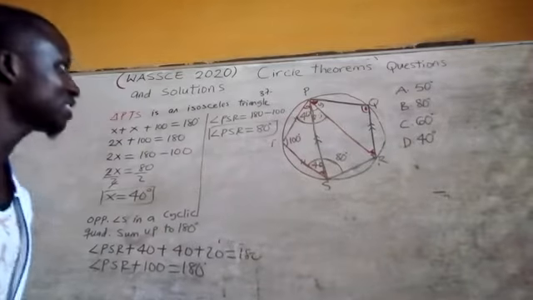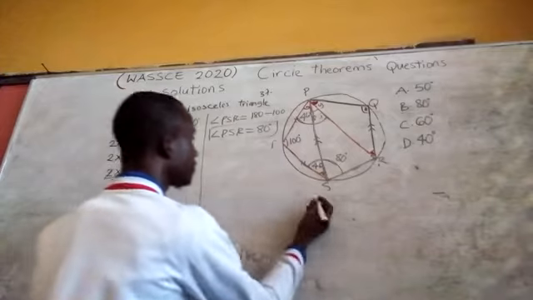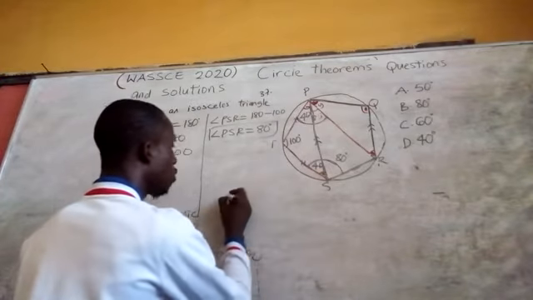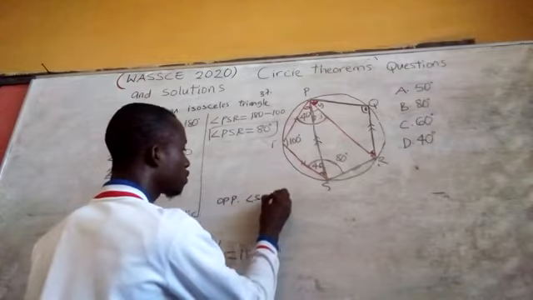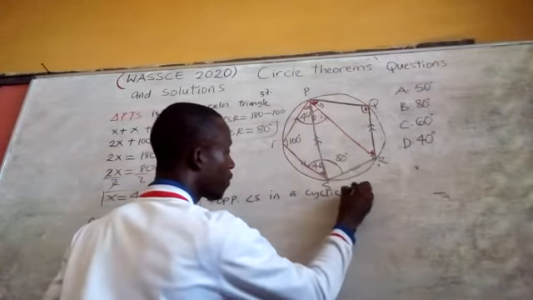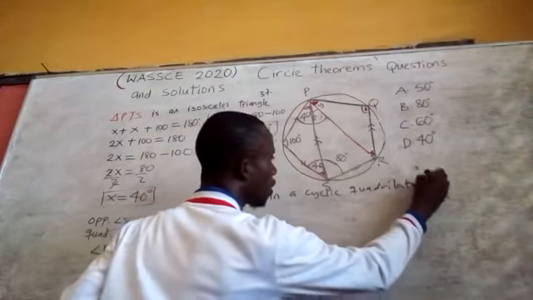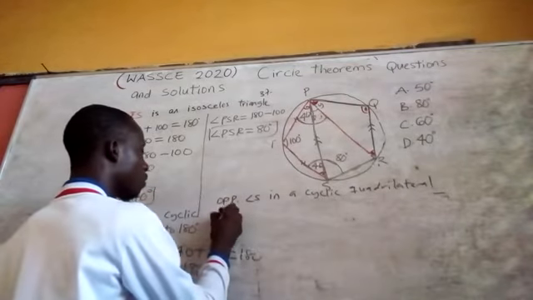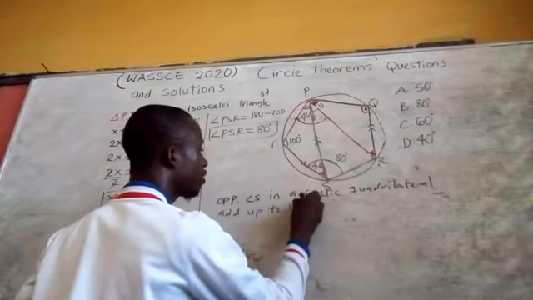So we can clearly see that this angle here and an angle. So we say opposite angles in a cyclic quadrilateral add up to 180 degrees.